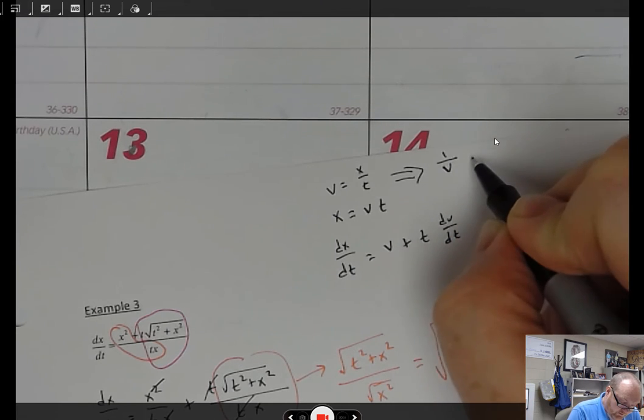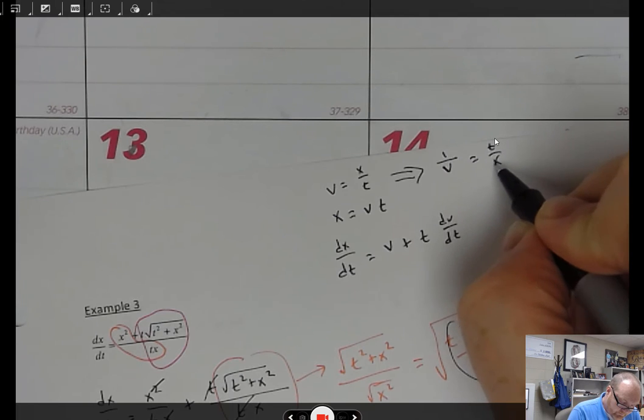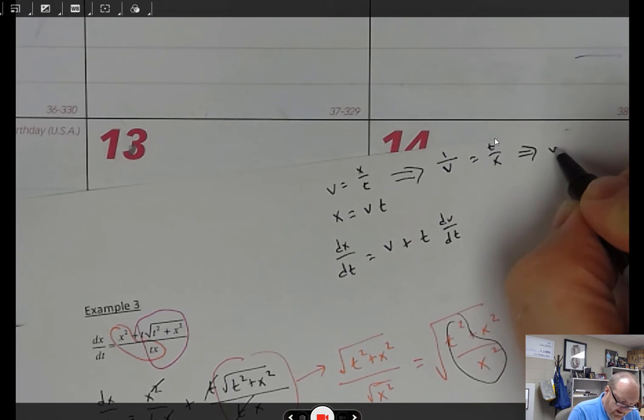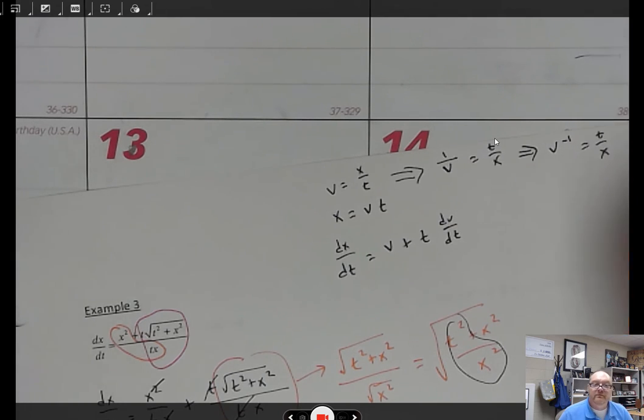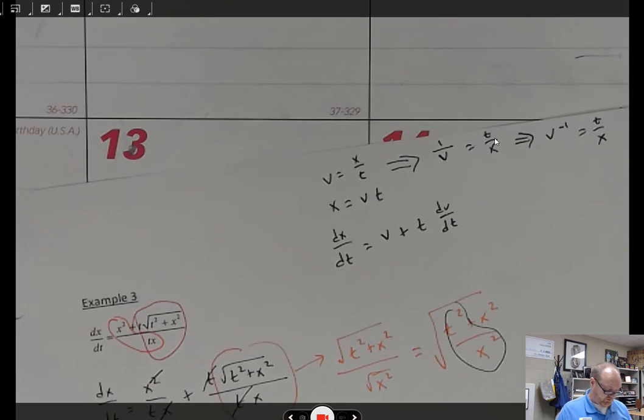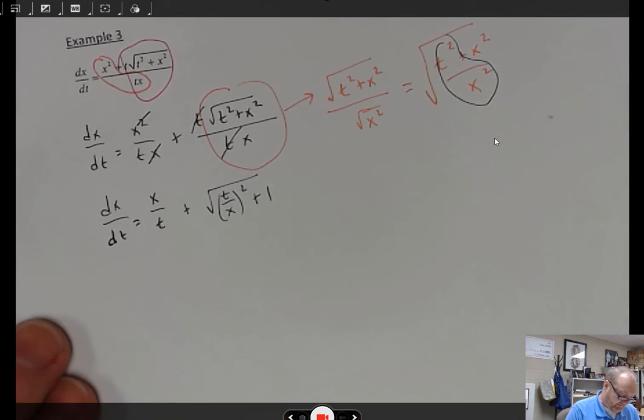If I take the reciprocal, I can even write that as v to the negative 1. So the algebra gets all involved here. So I can make a substitution for each of these pieces.